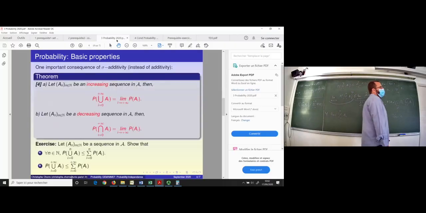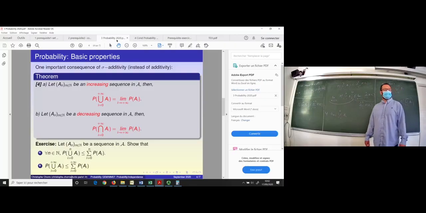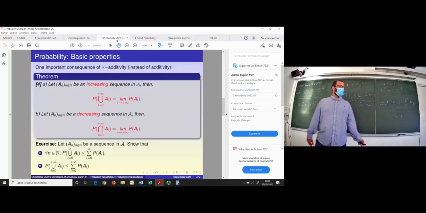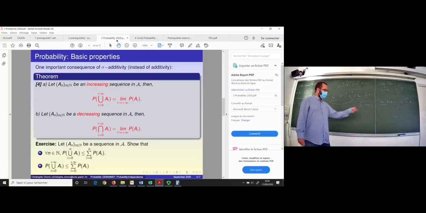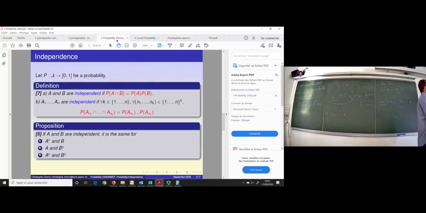But this theorem is more anecdotic in this course. I won't use it a lot, but I want to show you that it may help us if I want to pass to the limit. And what I have seen, in fact, is just the definition of what a probability is, some rules of computation, and the definition of independence.